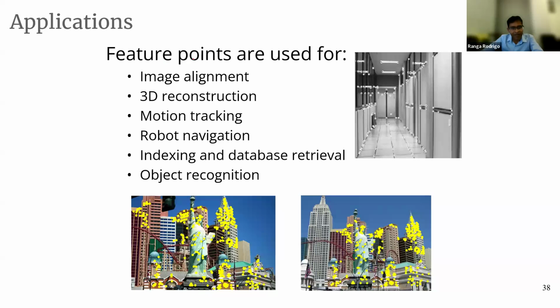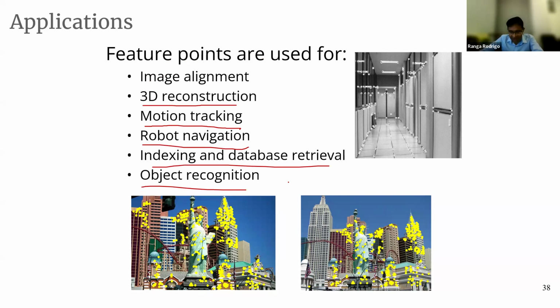So there are applications. Feature points are used for image alignment, as we saw in the previous example. 3D reconstruction, obtaining a 3D reconstruction of the image. We will look at that later in the lessons. Motion tracking, robot navigation, indexing and database retrieval, object recognition. For all these things, those days these features were used.